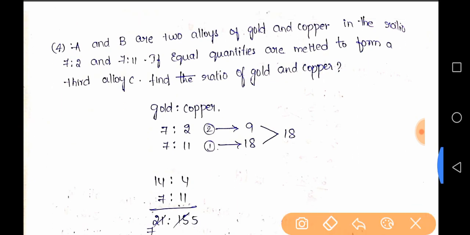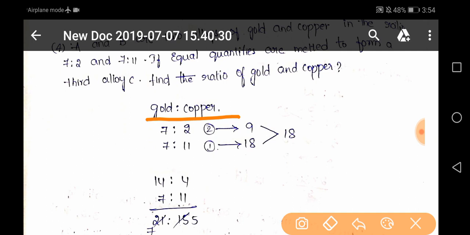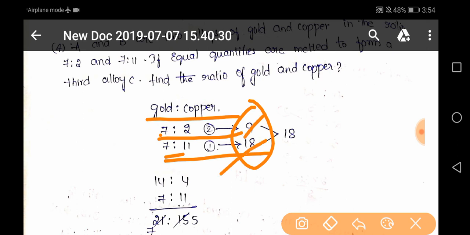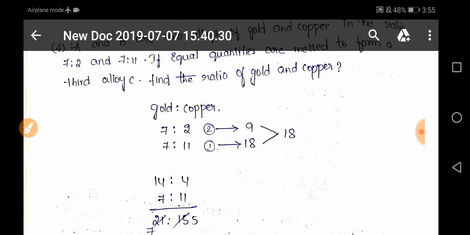So what they have given, gold to copper is 7:2 and 7:11. So just add these, 9 and 18, right? Just take an LCM. 9 will get cancelled by 18, so the LCM will be 18. So to get 18, you have to multiply 9 with 2 and 18 with 1.